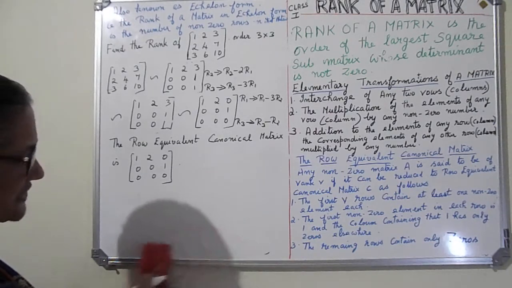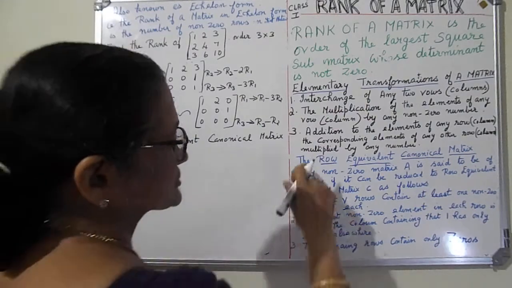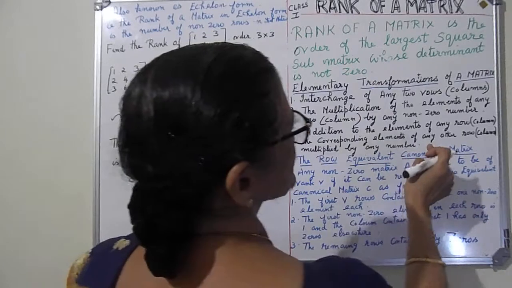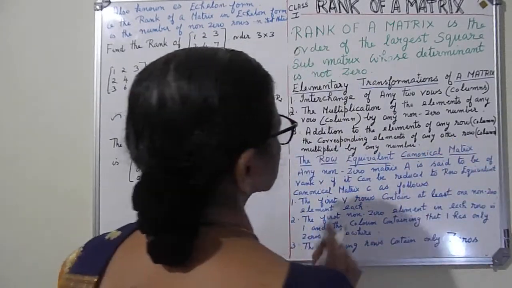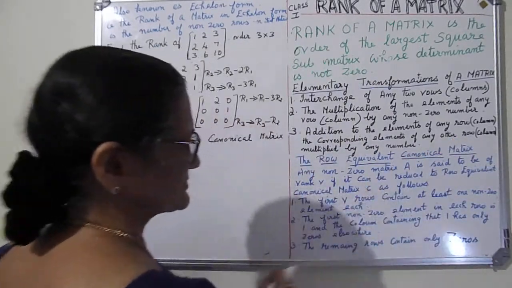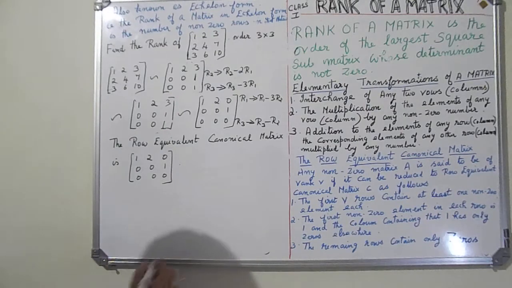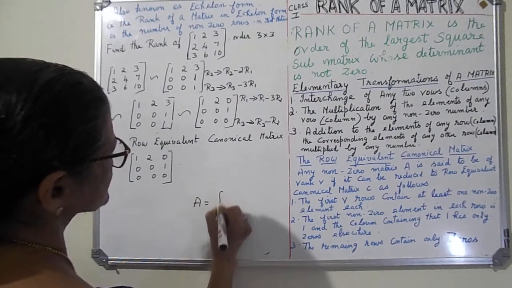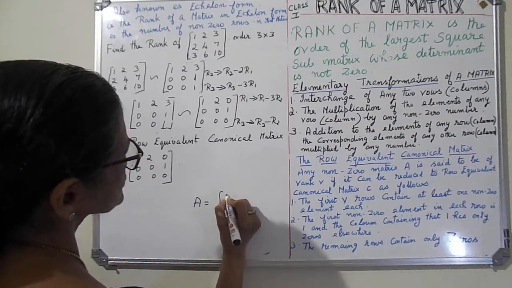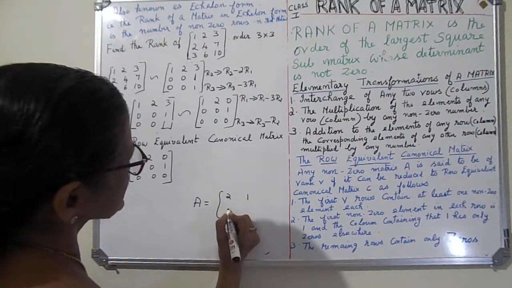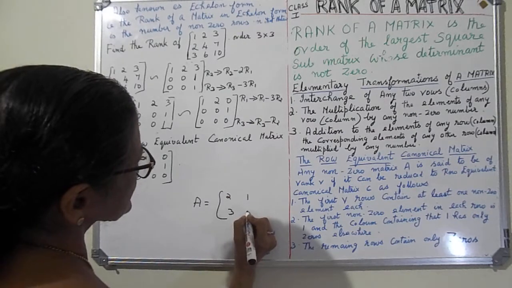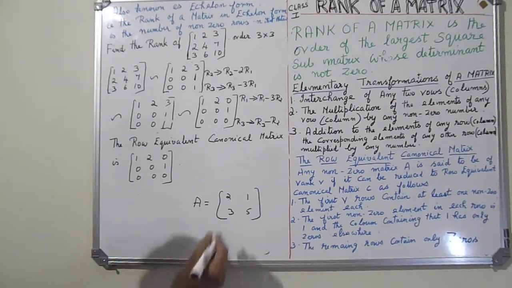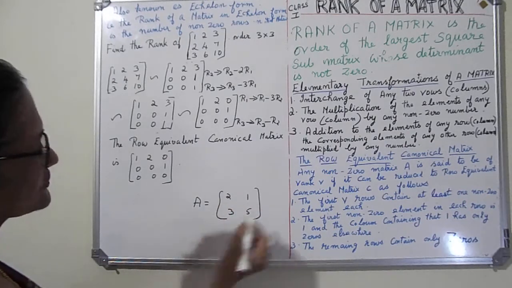What's the third one? Addition to the elements of any row or column, the corresponding elements of any other row or column multiplied by any number. Now let us take the matrix A is equal to 2, 1, 3, 5.